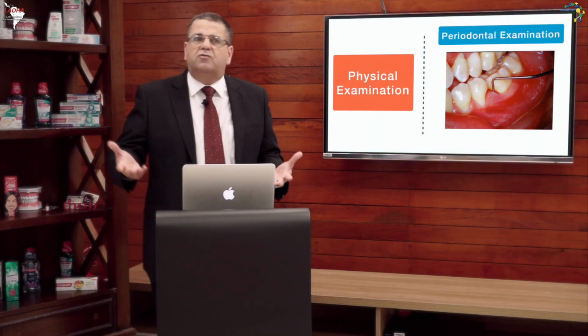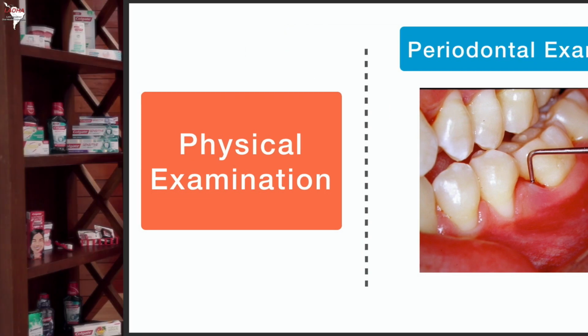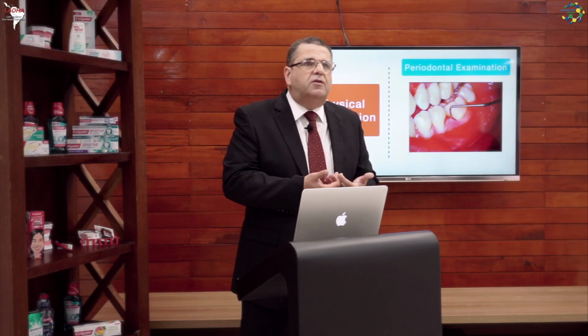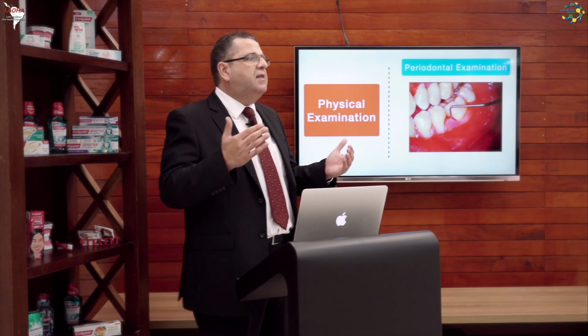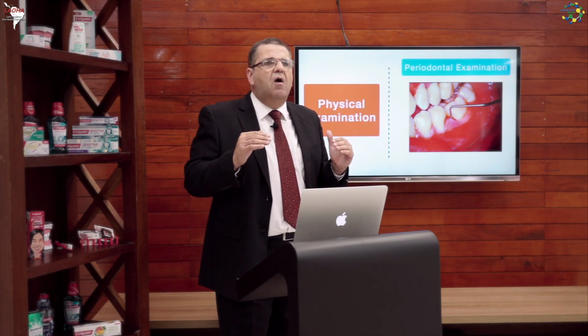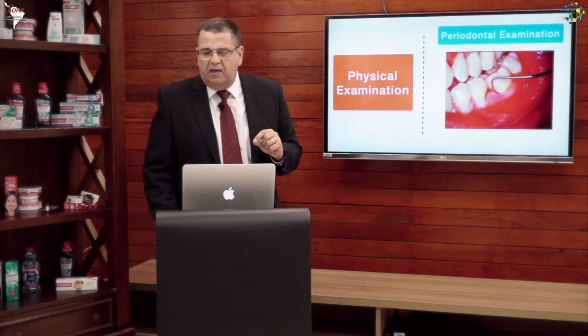Also, continuing the examination, we're going to make a periodontal examination to see if the individual has periodontal disease. Because if he has periodontal disease, he has inflammation. And individuals with inflammation, and this is a systemic inflammation, have a lower limit for having pain. So the limits for having pain are lowered by the presence of gingival inflammation.